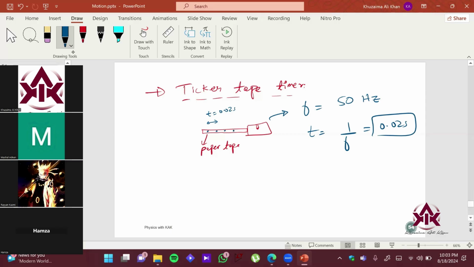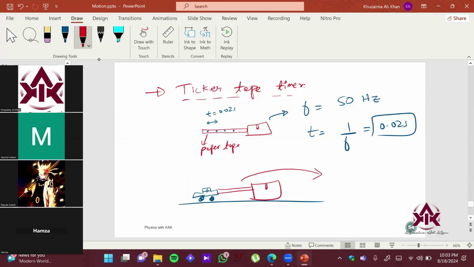So what are you doing basically? Just let me give you an example. Let's imagine you have a toy car. You have fixed it with a ticker timer, right? And this is the machine which basically marks the dots. And then you move it with constant speed, right?